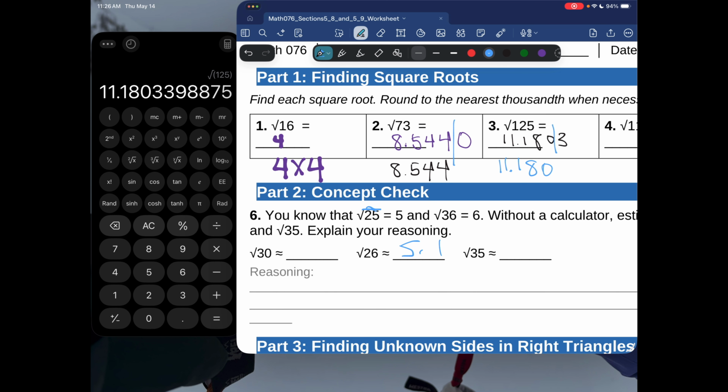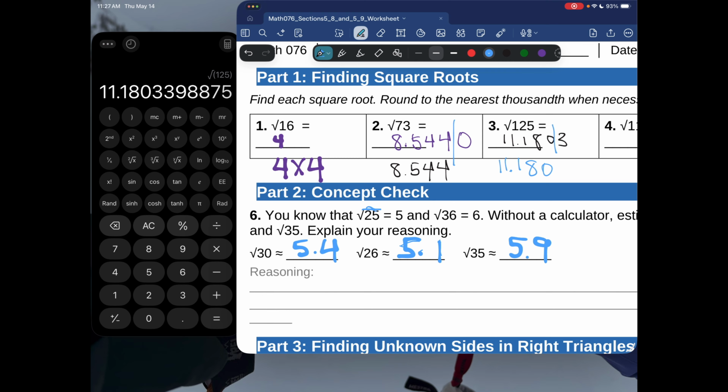And the square root of 35, well, that's pretty darn close to 36. So I'm going to say that it's 5.9. I'll rewrite this so you can see it. 5.1. And then square root of 30, I don't know. It's kind of closer to 25, so I'm going to say 5.4.